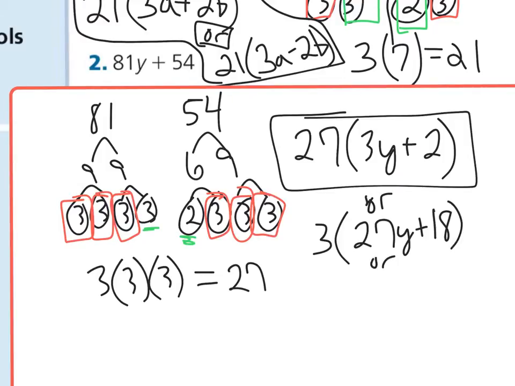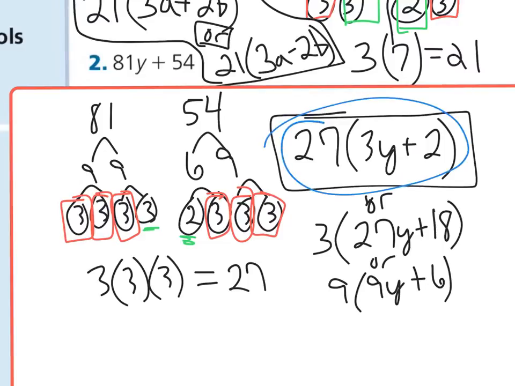We could have factored out a 9, and then it would be 9 times the quantity 9y plus 6. So actually any of those 3 would work, but again, what we did, as you move along in math, I'm going to consider that the best option. Factoring out the biggest possible number will benefit you the most as you go along in math.